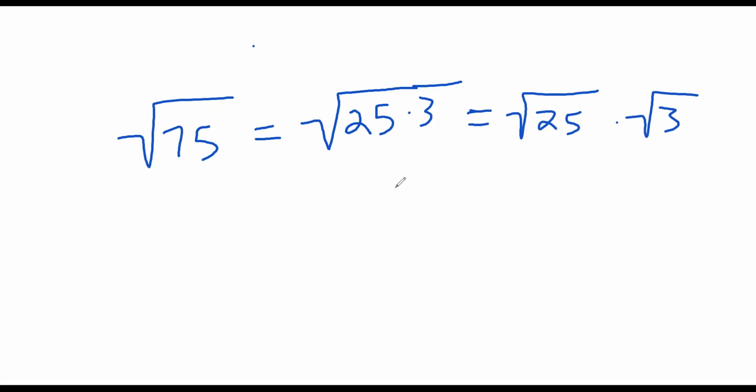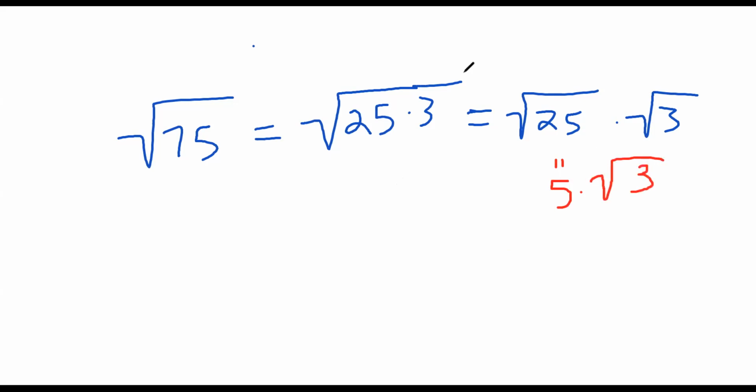Well, is the square root of 3 anything special? No, it's not quite the square root of 4, which would be 2. So the square root of 3 is nothing special, but it's the square root of 25. Exactly. The square root of 25 is just 5. The square root of 3 is nothing. So this becomes 5 times the square root of 3.